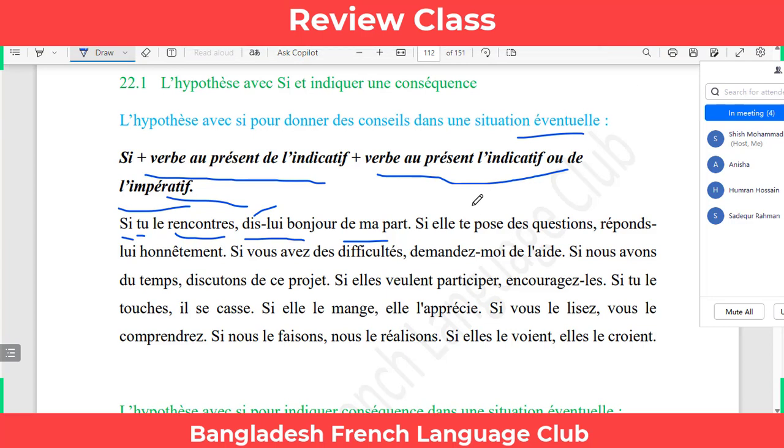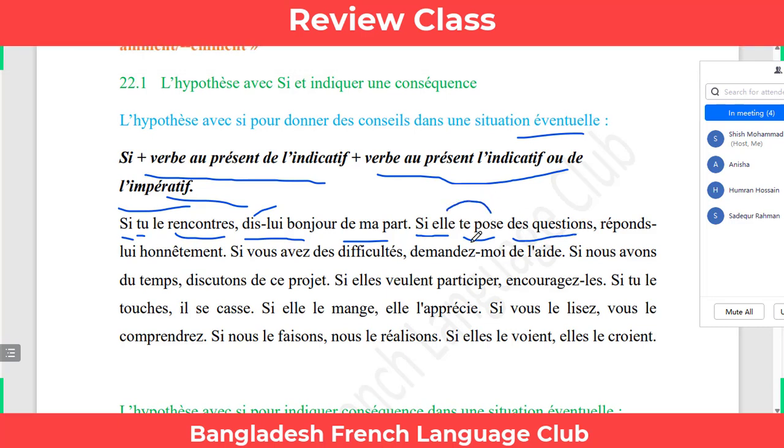Then, si elle te pose des questions, here elle pose is the present tense. If she asks you questions, réponds-lui honnêtement. This is also imperative, beginning with the verb: answer her honestly.